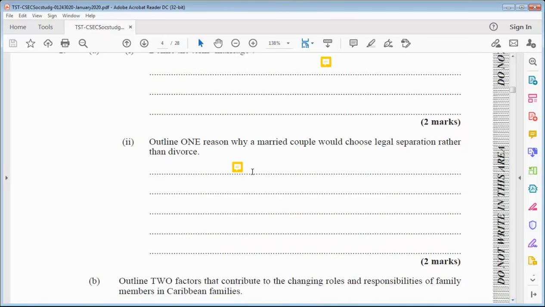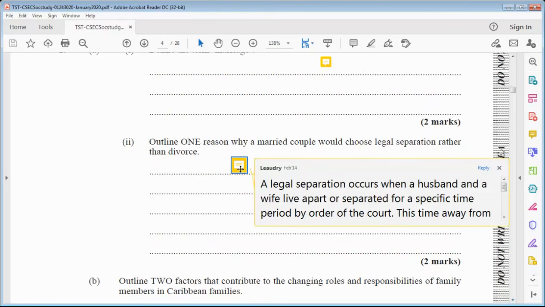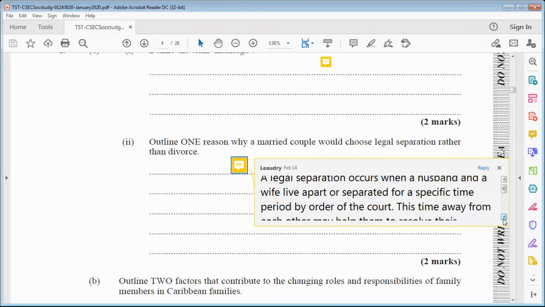So what's one reason? Well, as we know, a legal separation occurs when a husband and a wife live apart, or they are separated for a specific time period by order of the court.